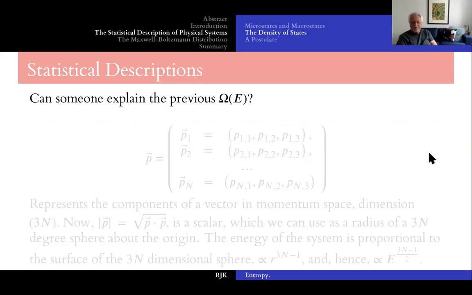This is no longer a sphere though, is it? Yes, it's a sphere in 3n dimensions. Doesn't that mean the momenta all have to be the same for each of those particles? Or am I missing something here? No, we're talking about the collection of momenta. All 3n of them have a particular energy. Whatever each individual one has doesn't matter, but the 3n of them put together have to have a magnitude that is a constant.